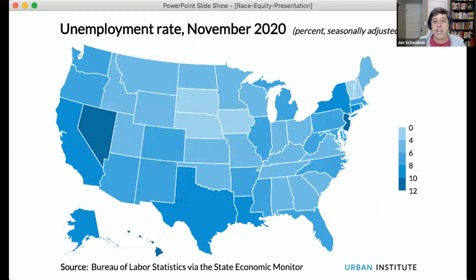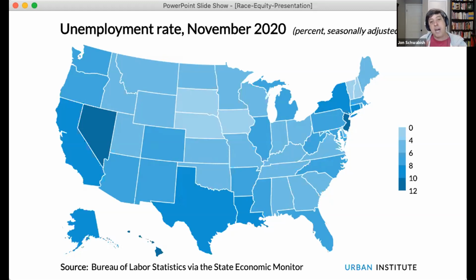Okay, so a choropleth map has a weird name, but it's a map that you've seen all the time. A choropleth map is adding color to the geographic units in the map. So for example, this is just the unemployment rate in the United States in November of 2020. The lighter colors represent states that have lower unemployment rates, and the darker colors represent states with a higher unemployment rate.